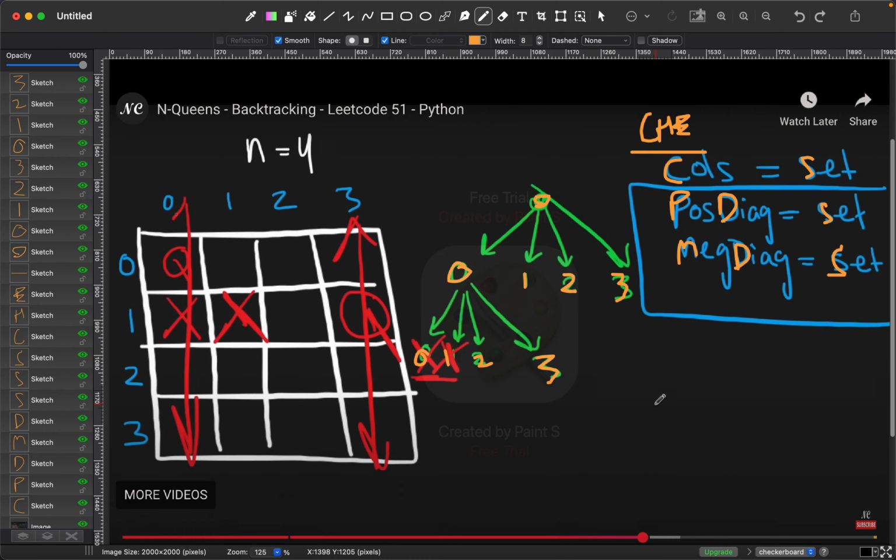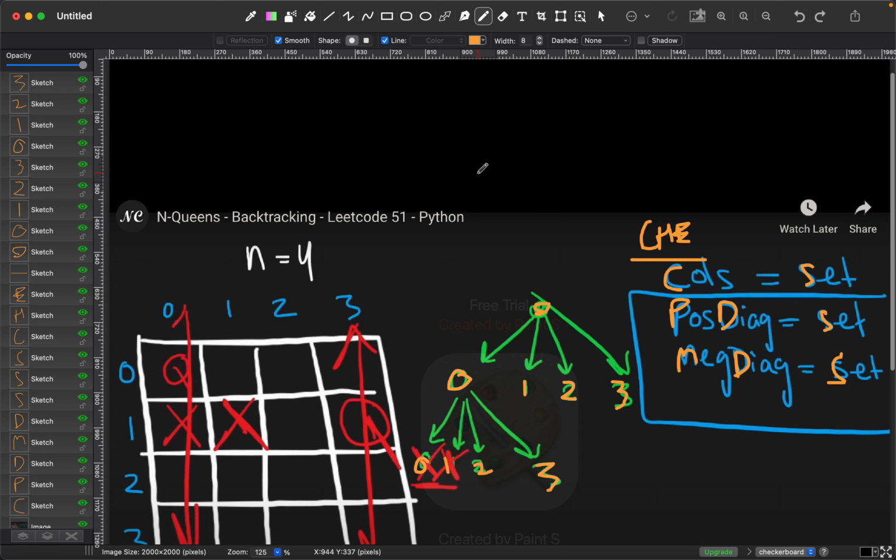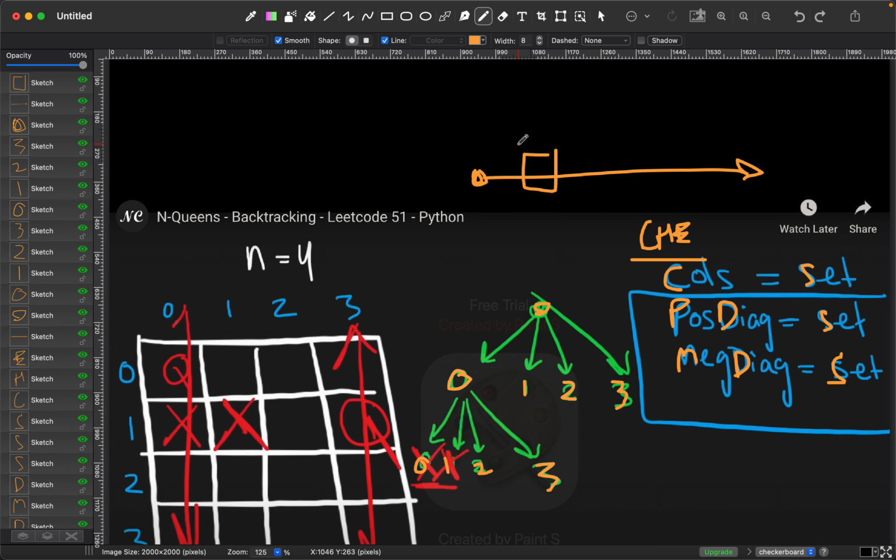Now, because each item, when you brute force, is going to go through every single checker, it's like this singular item going through 3 different boundaries. Boundary number 1 is to check your column, boundary number 2 is your positive diagonal, and the third one is your negative diagonal.